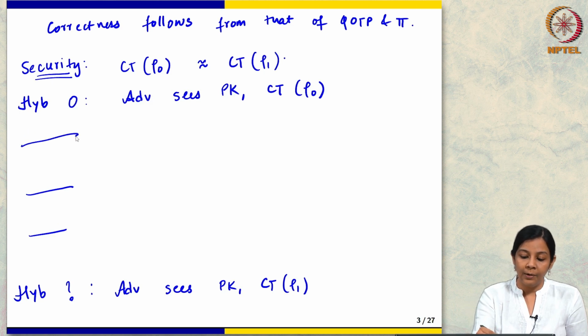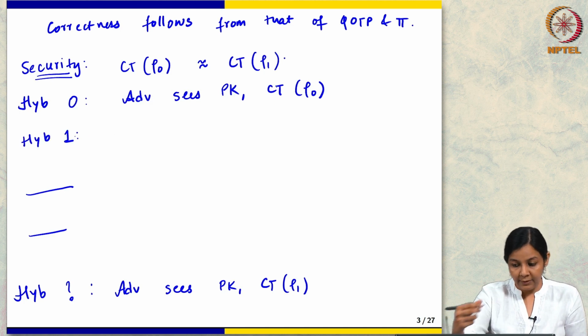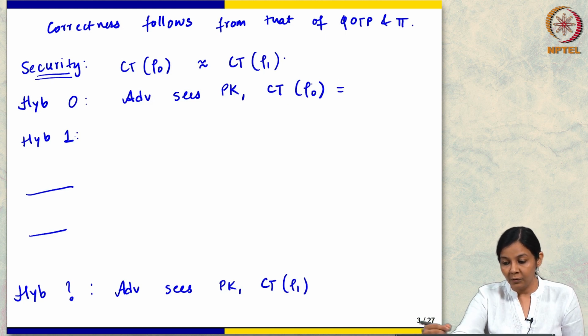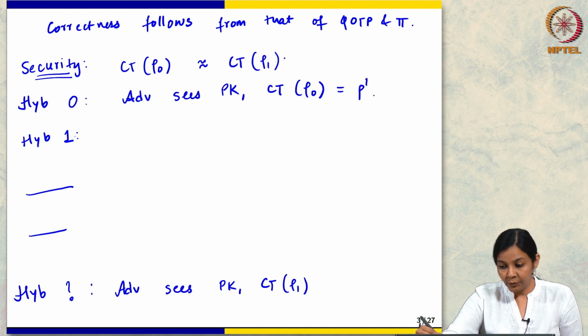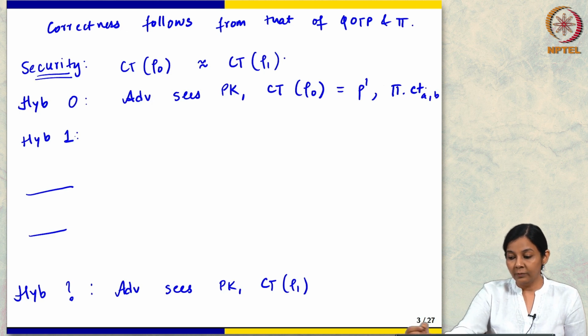What should hybrid 1 be? Anyone? Okay, very good. Yes, what he suggested is correct. Let us again give ourselves some notation. This CT is some QOTP ciphertext, which I already gave the notation rho prime, and some pi dot CT, so pi dot CT of A, B. This was our notation.